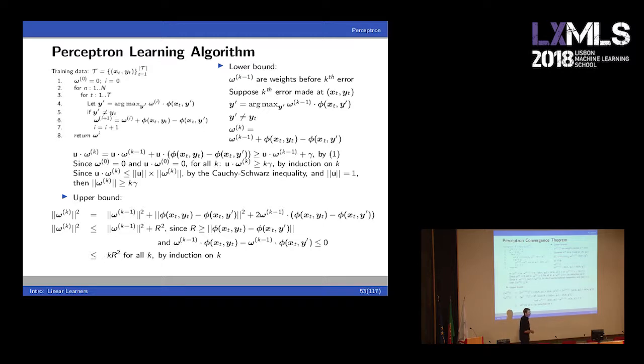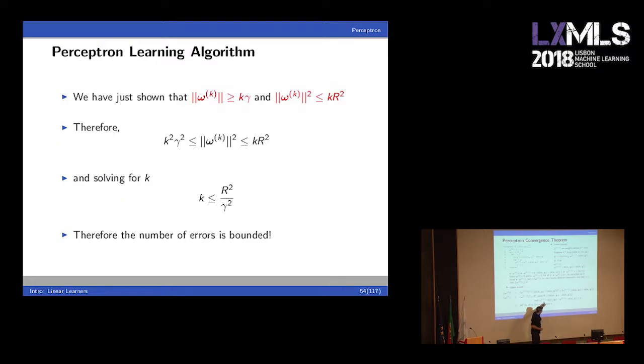So a minus b squared is a squared plus b squared minus 2ab. Then we make the assumption from the step before that the norm of the feature vector difference is bounded by r. So we can say this whole term is less or equal to wk minus 1 squared plus r squared. And that term cancels out because we set it to 0.